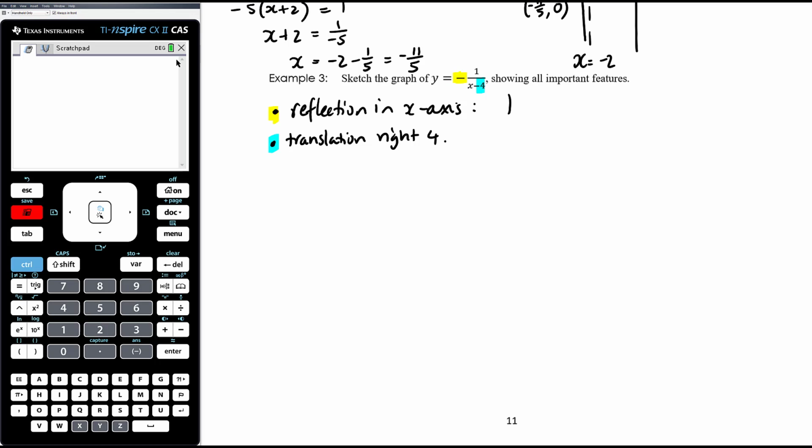Okay, so the reflection in the x-axis means our graph is going to be in the bottom right and top left quadrants. Translation to the right by 4 means that our vertical asymptote is going to be at x equals 4. There's been no translation up or down, and so our horizontal asymptote is going to be still at y equals 0.